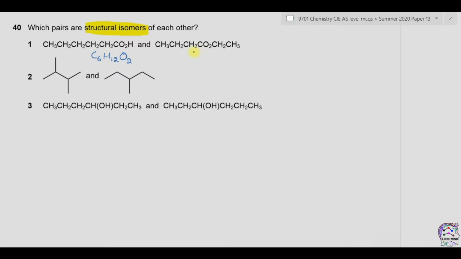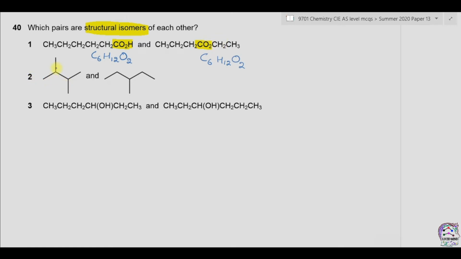For this compound the molecular formula is also 6 carbon atoms, 12 hydrogen atoms and 2 oxygen atoms. Now the molecular formula of both is the same, and we can see in the first one we have a carboxylic acid functional group, while in the second one we have an ester functional group. So therefore they are structural isomers.